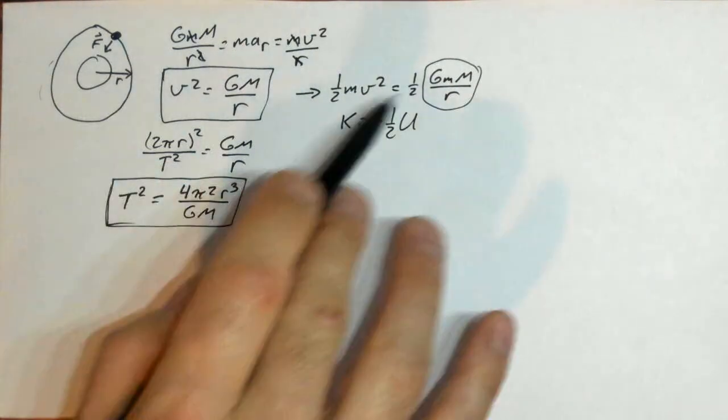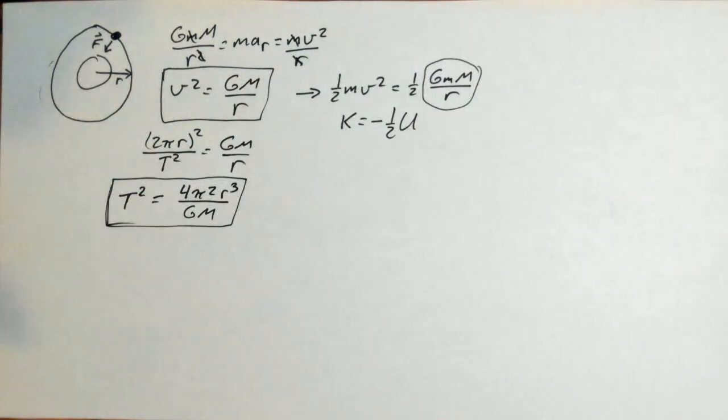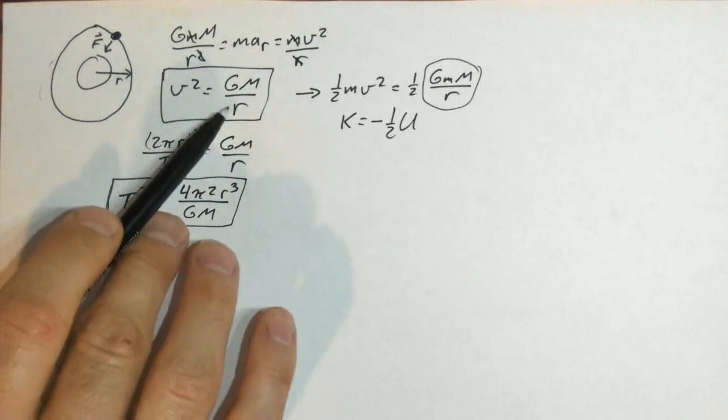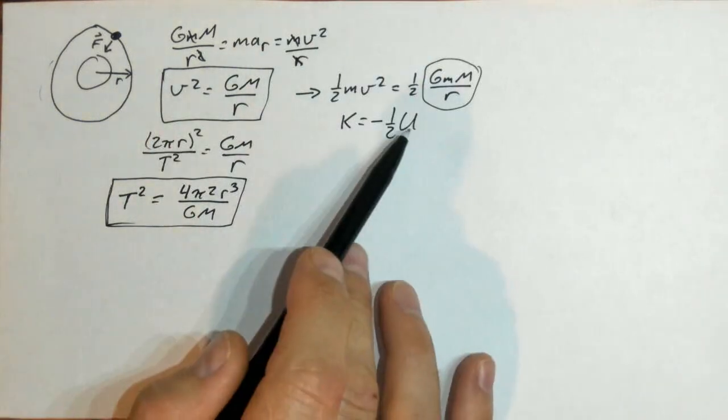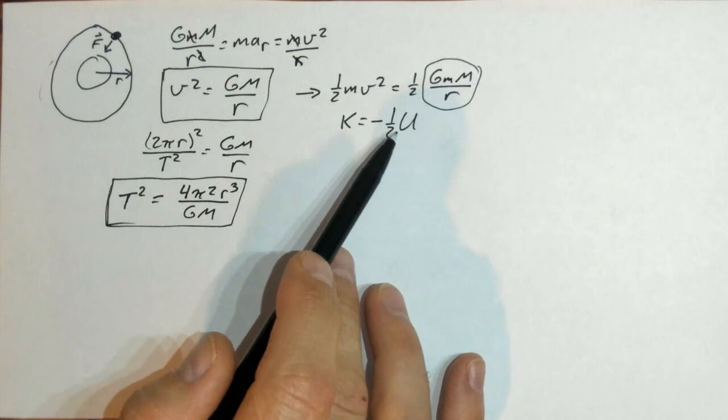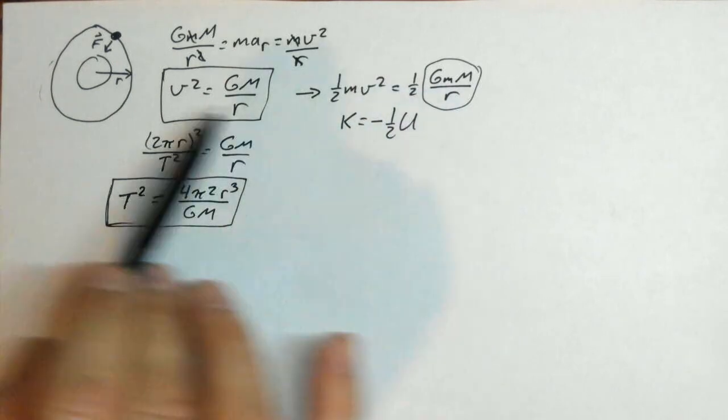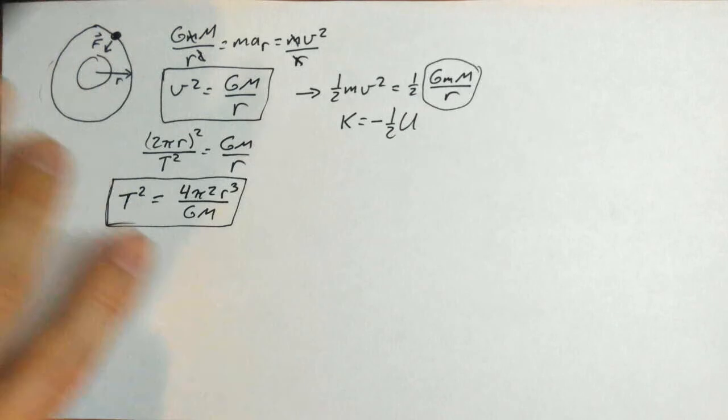Mind you, this is only for a circular orbit here. Okay, but K is equal to negative 1/2 potential energy because the velocity is correlated to the distance. It also means the kinetic energy is correlated with the potential energy. Now, if this isn't true, it means it is not in a circular orbit. It's deviated.